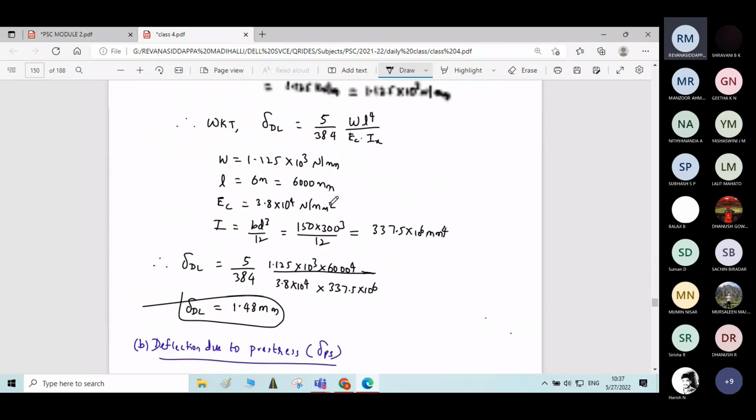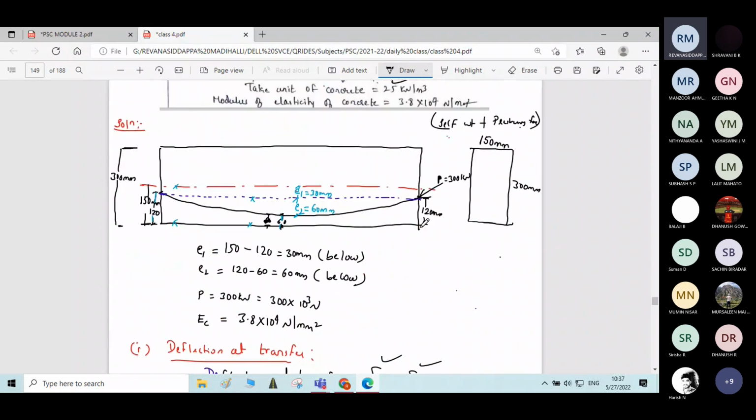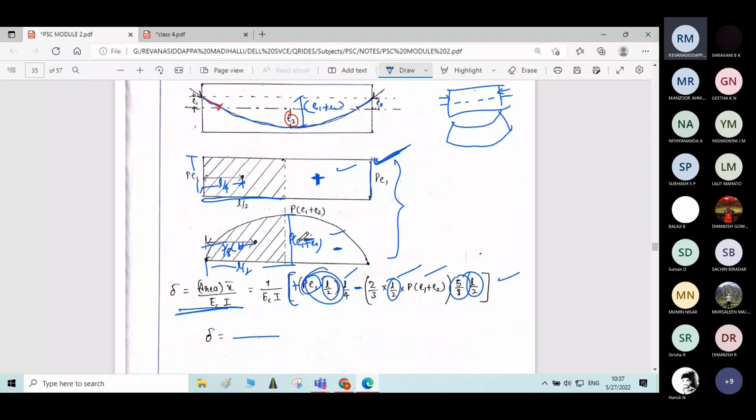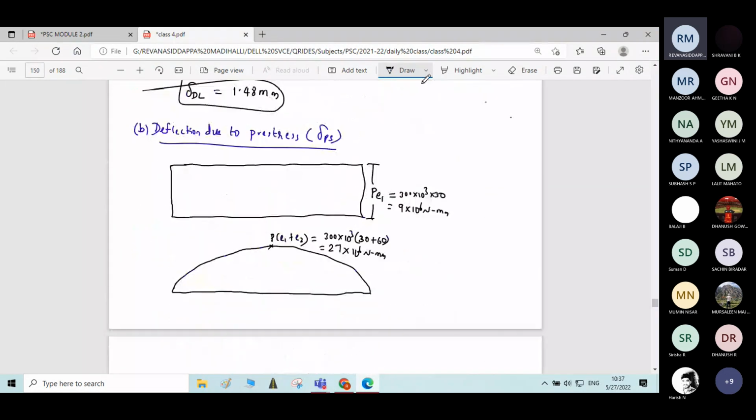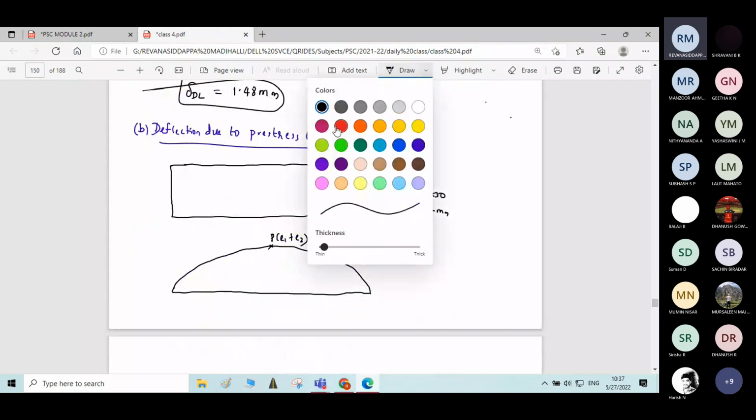Here in this case you can see, students, at support also E1 is below the central axis, E2 is also below the central axis. Okay, if the eccentricity is below the central axis, sign should be what? Negative. So here for both the diagrams, the sign is negative, very important.